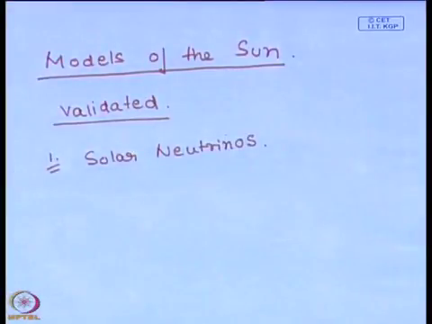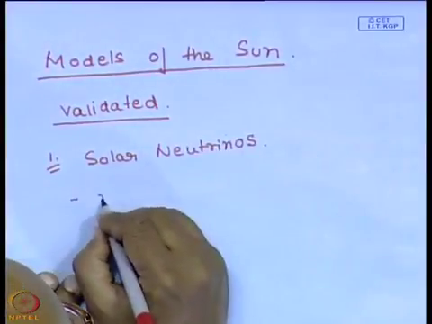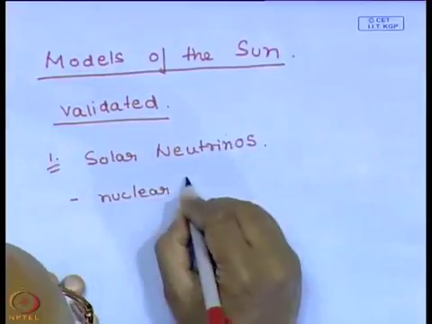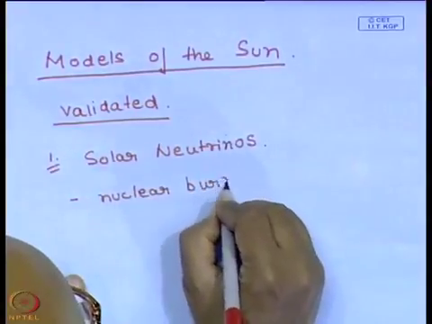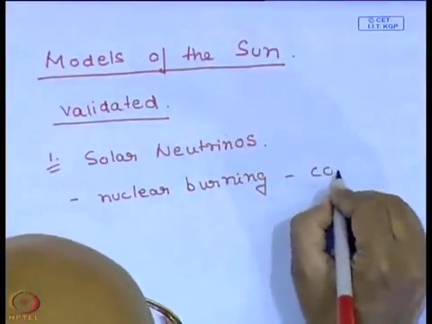The solar neutrino observations probe the fuel nuclear burning which takes place in the core of the sun.